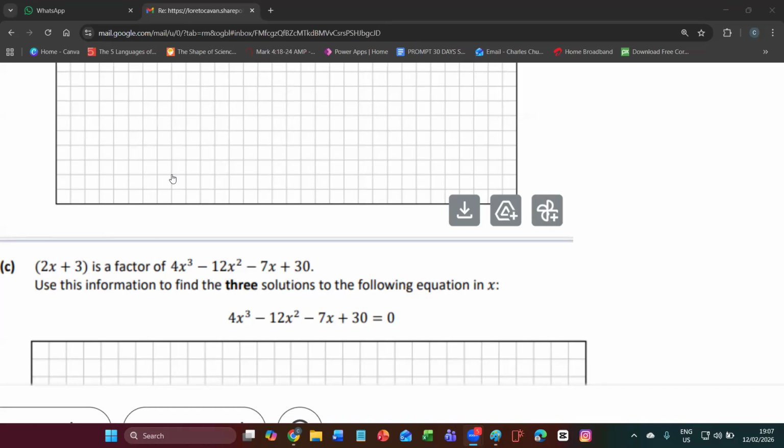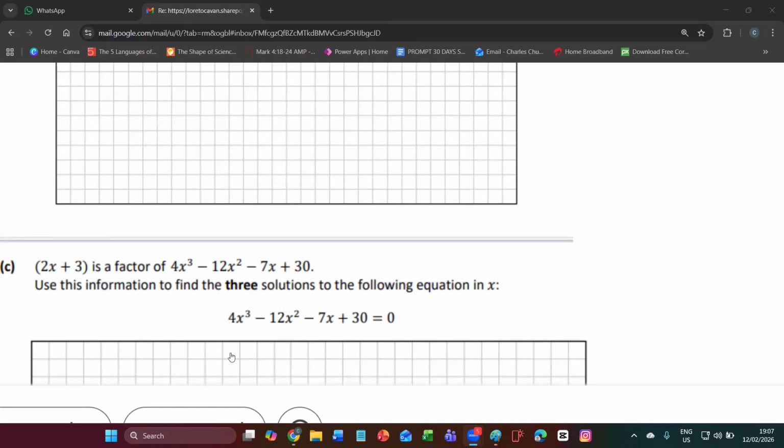So if we can find a way to break this down, then we're able to find the roots of this graph, 4x cubed minus 12x squared minus 7x.